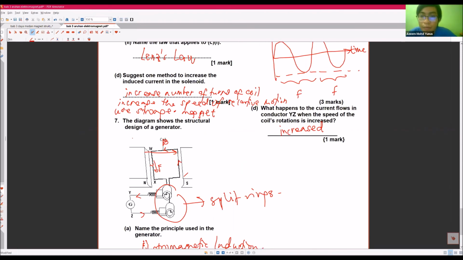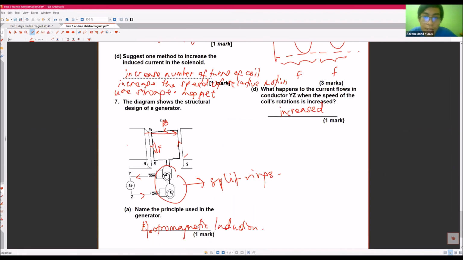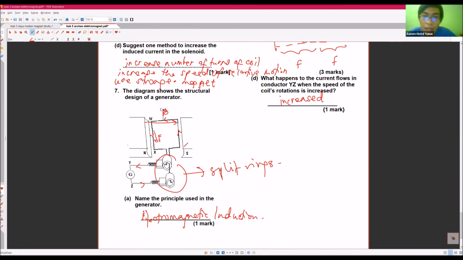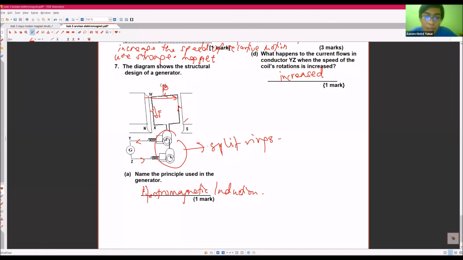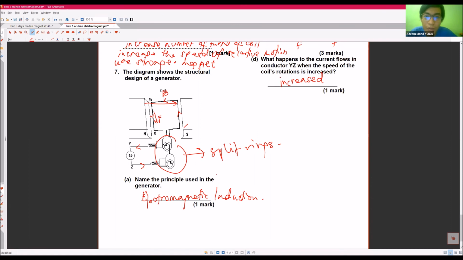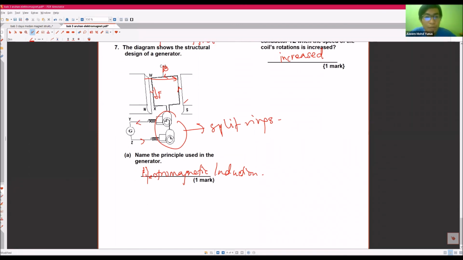So that's all for today. Hopefully you understand the concepts that we discussed today. Basically we touched upon the motor effect, which is the effect of force on a current carrying conductor in an external magnetic field, and also electromagnetic induction. We touched upon Fleming's left-hand rule, Fleming's right-hand rule, and the right-hand grip rule for solenoids. Either it has a battery or a galvanometer, it doesn't matter.